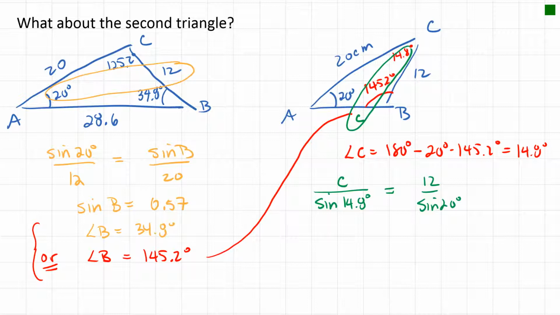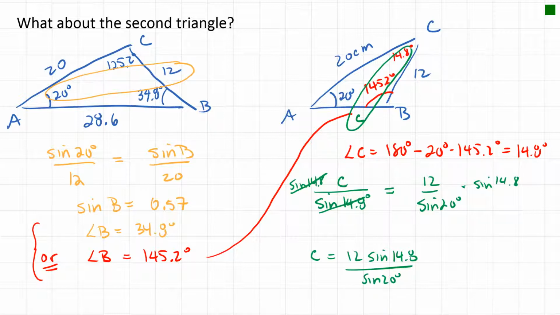And calculating with C, I'm going to multiply both sides by sine 14.8. What I do to one side, I do to the other. On this side it cancels, so I end up with 12 sine of 14.8 divided by the sine of 20.